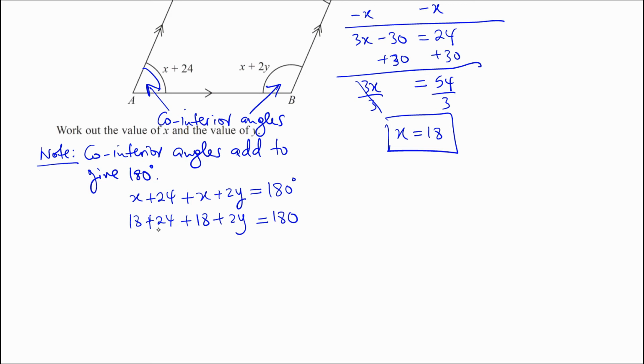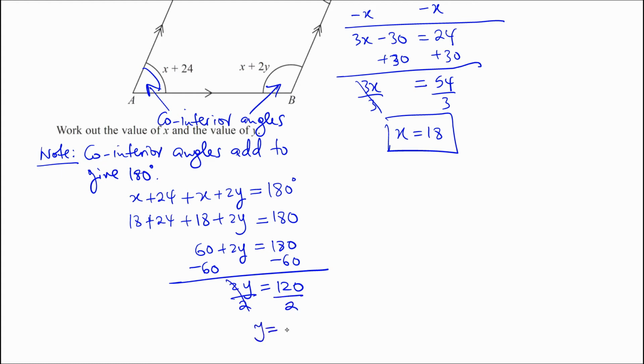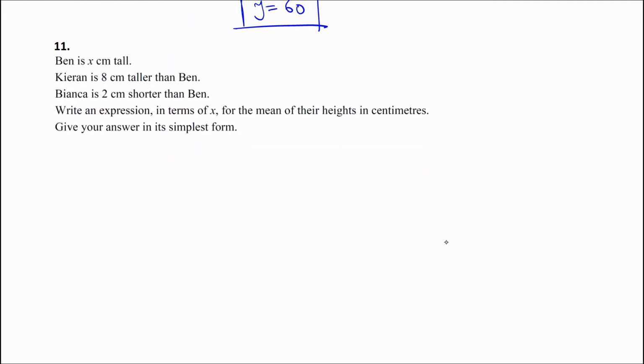And if you add this, that will be 60 plus 2y, so 180 minus 60, 2y will be equal to 120, and then you divide by 2, so y will be equal to 60 degrees. And that will be the solution for 10. So x is 18 and y is 60. All right, number 11.